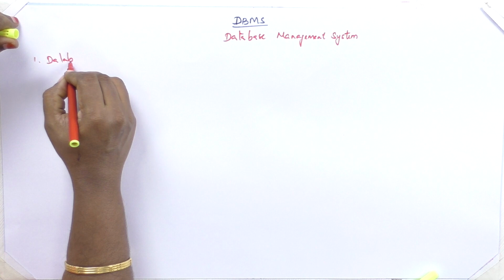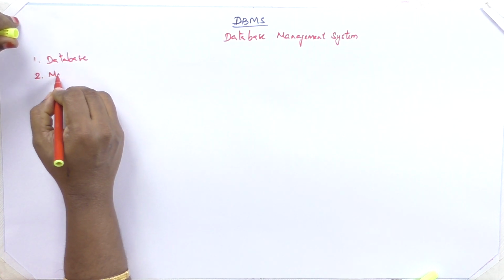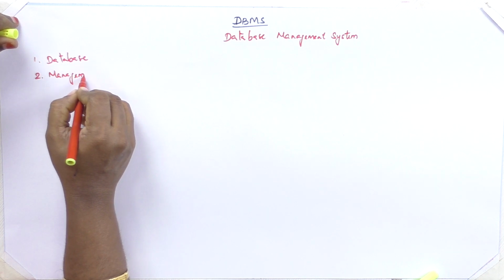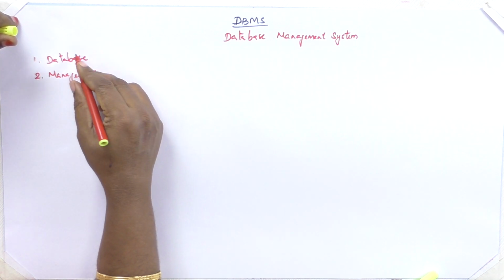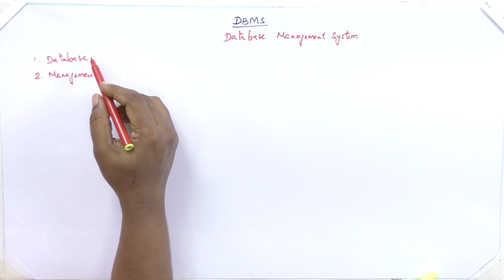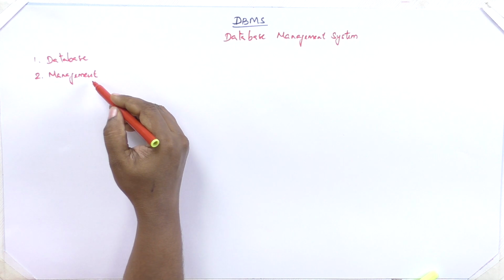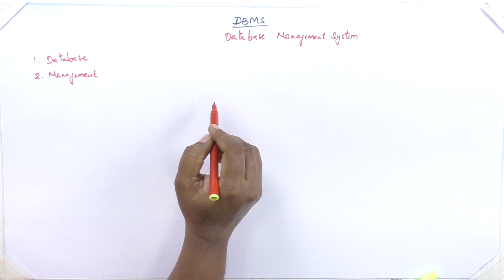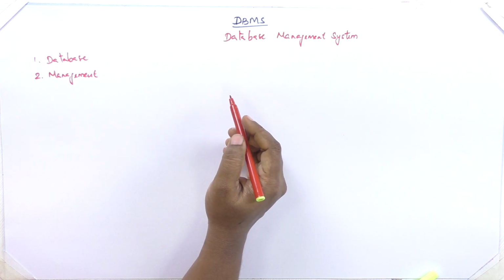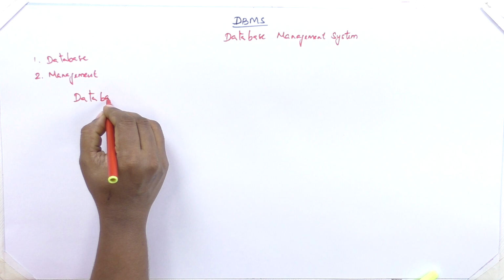One is database and the other one is management. So we should know what is database and how to manage this database. Once we know these two things, we should be able to design a database management system which is required for us. So to get into that, we should know first what is database.